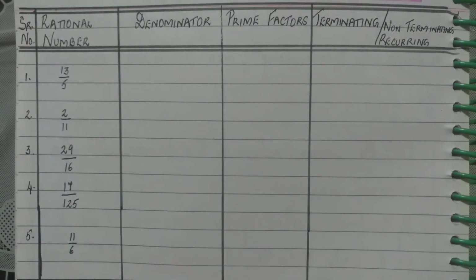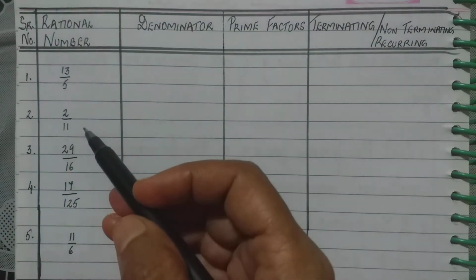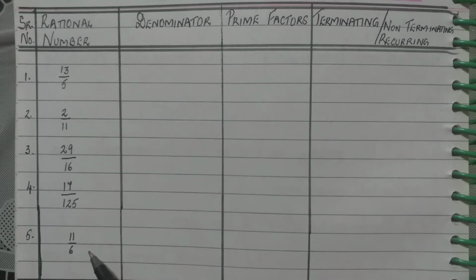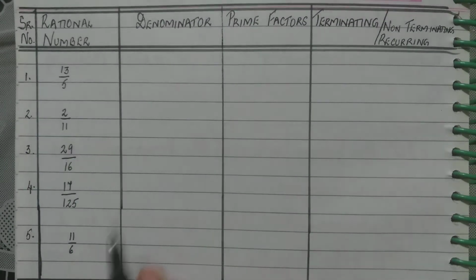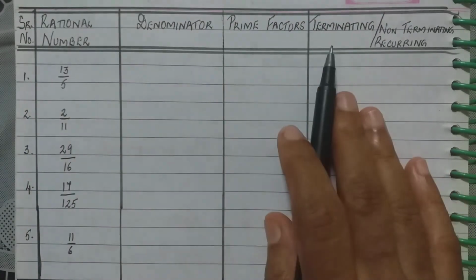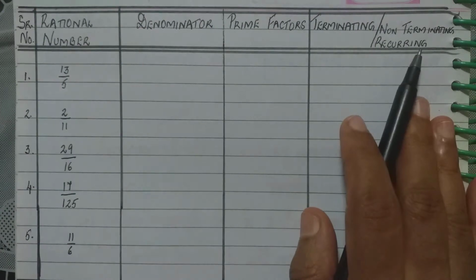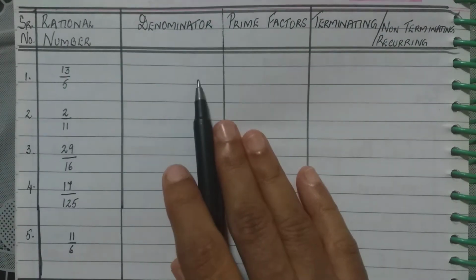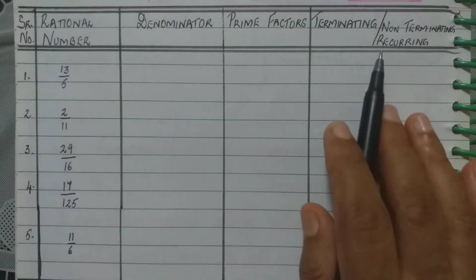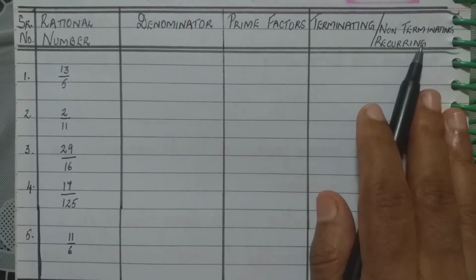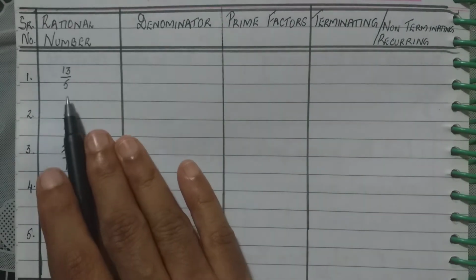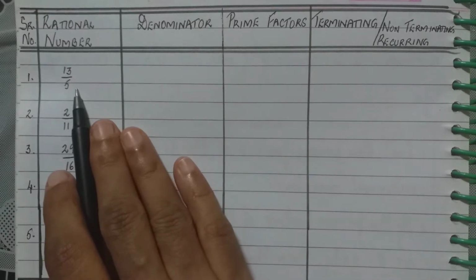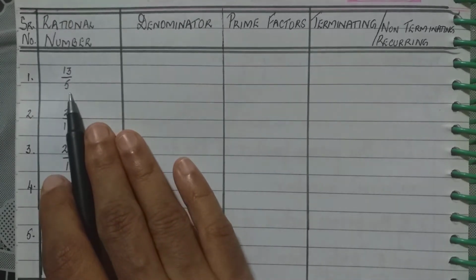We have the 5 sub-questions written here: 13 by 5, 2 by 11, 29 by 16, 17 by 125 and 11 by 6. Now we have to classify them into only these 2, terminating or non-terminating recurring type. But I have added these 2 columns because they will help us to classify. First, we look at the denominator because the denominator will tell us whether it is terminating or non-terminating recurring type.